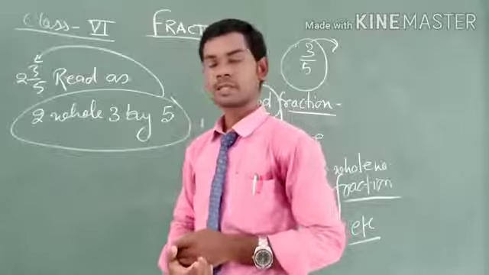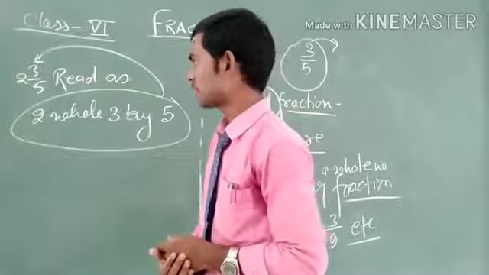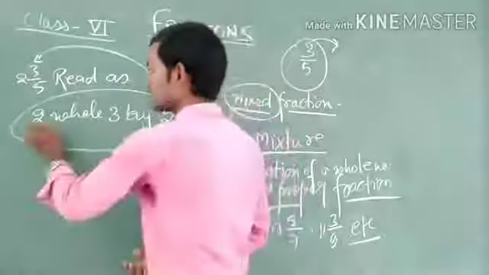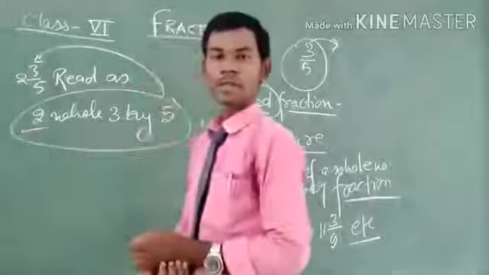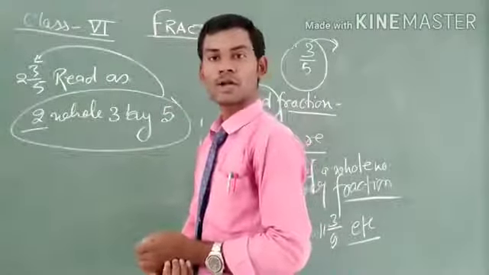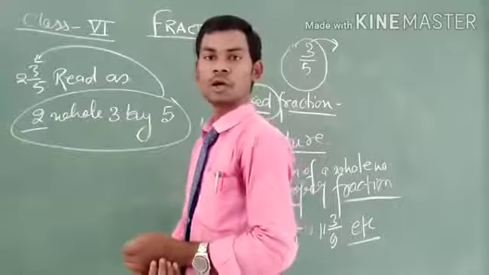So here the fraction says that the first thing is 2 whole. The meaning of 2 whole is that we have already taken 2 whole objects.